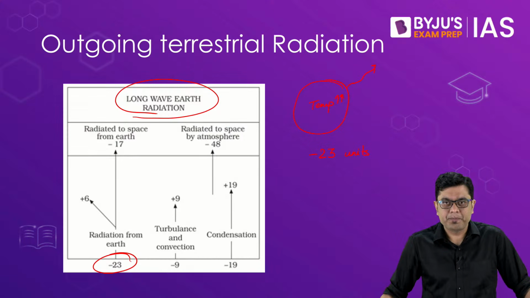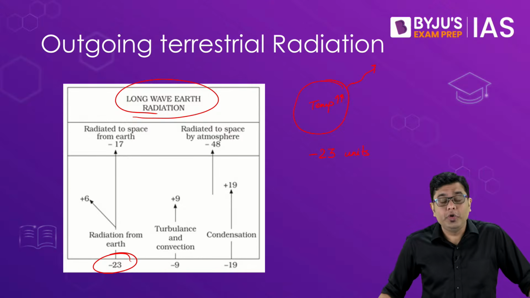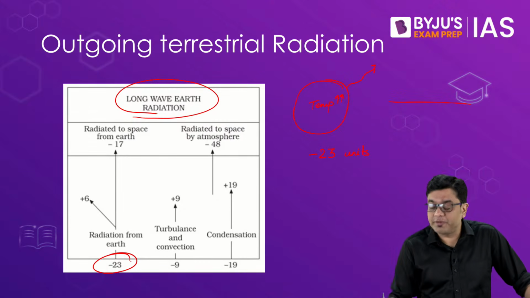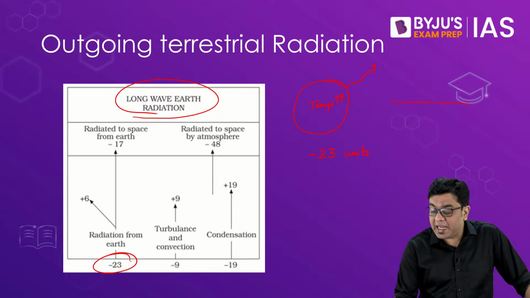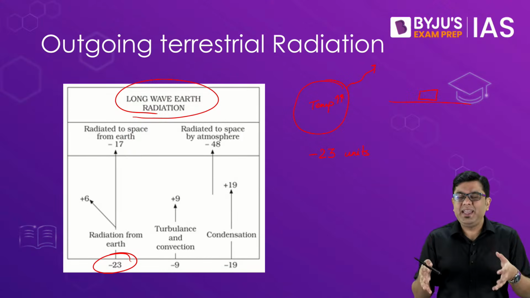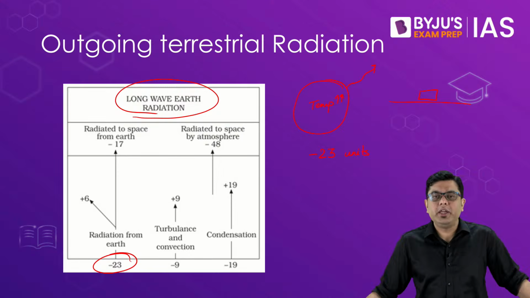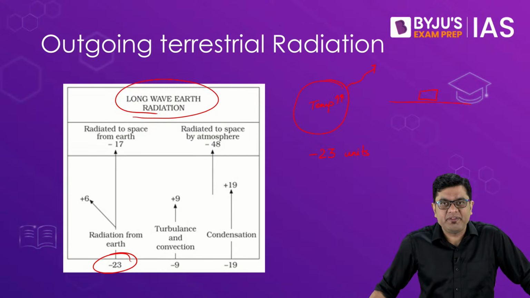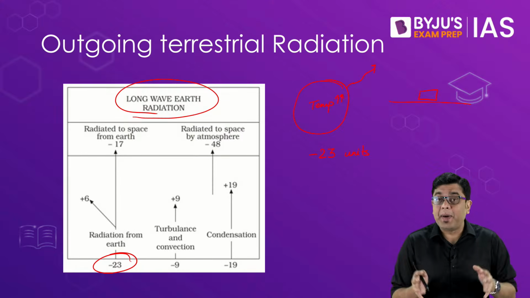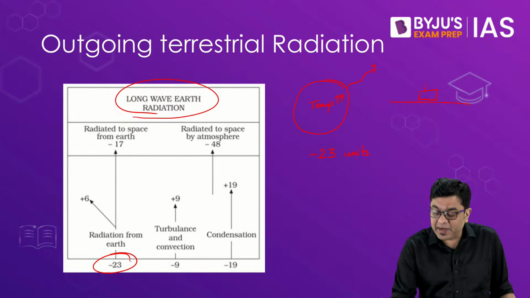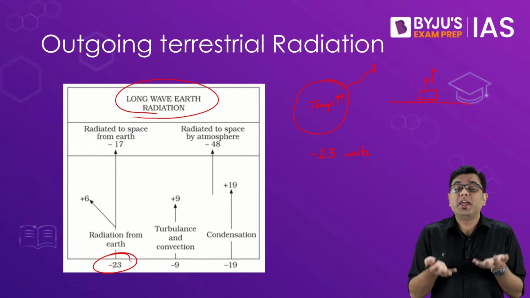Now, we also know that once the surface of the planet gets heated up, the air above it also gets heated up. So some part of that heat is then transmitted into the air parcel immediately above it. As that air parcel gets heated up, being lighter and lesser in density, it will start rising.